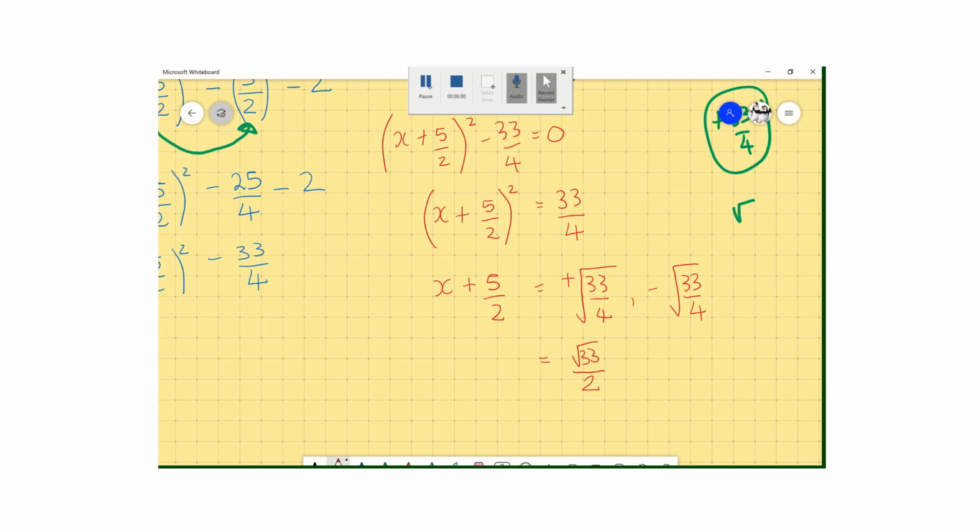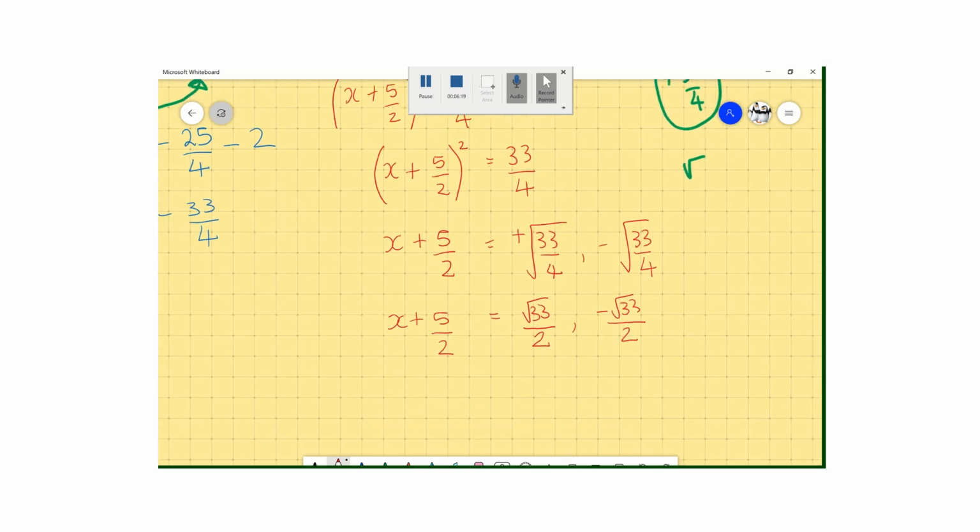So we can leave it as the square root of 33 on the top and just a whole number 2 on the bottom. Similarly with this one, we're going to have minus root 33 on the top, and then when we take the square root of the 4 we get 2 on the bottom. The reason that that is very pleasant is because we've now got all our fraction bits having denominators of 2.